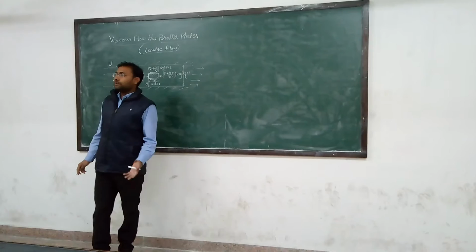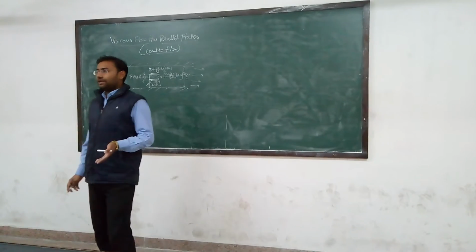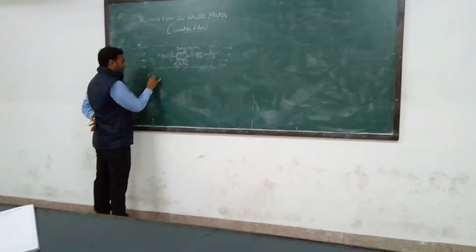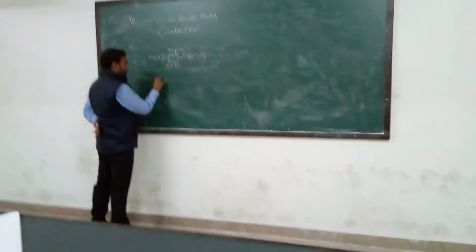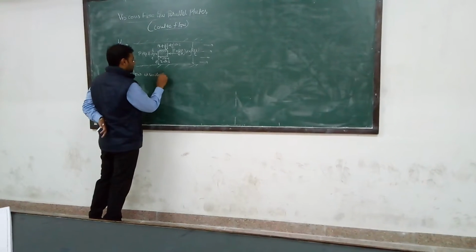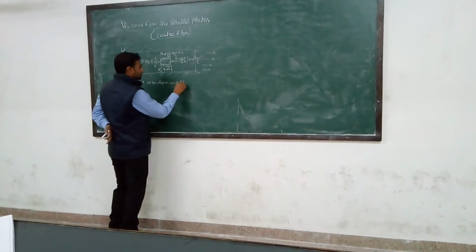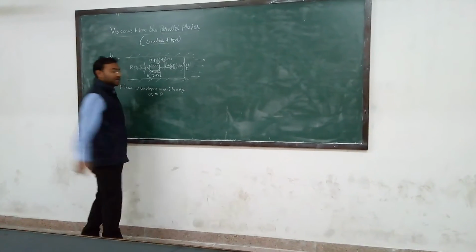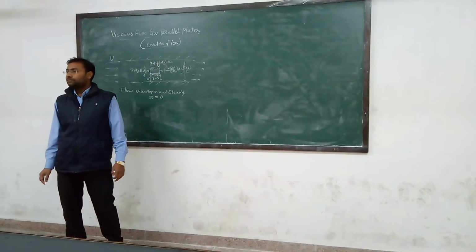Shear stress changes in the y direction. Now again we are assuming that the flow is uniform and steady. So for uniform and steady flow, acceleration will be 0. That's why the total acceleration will be 0.